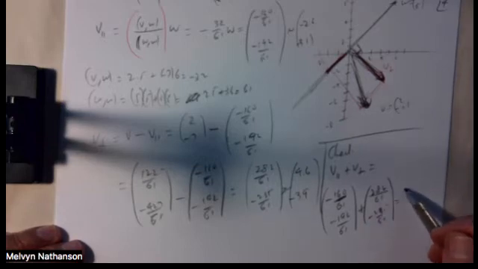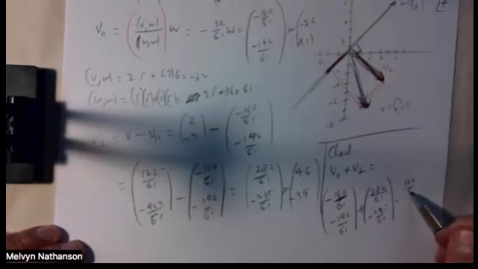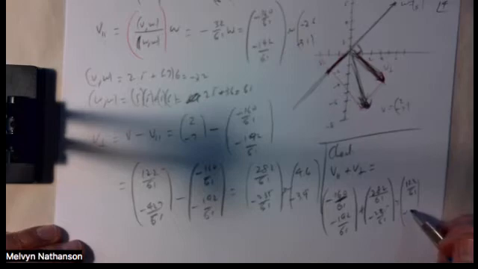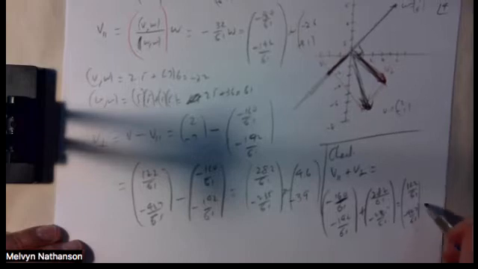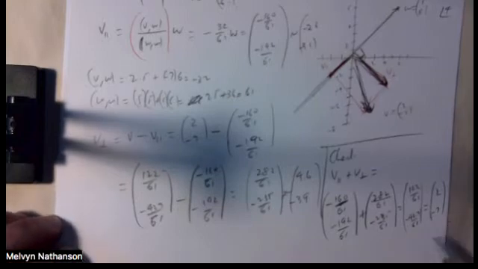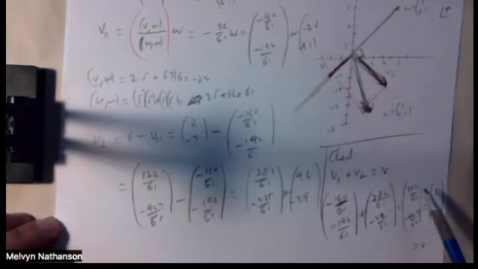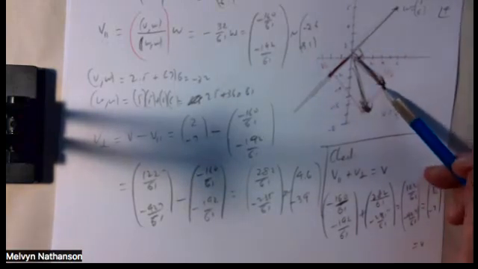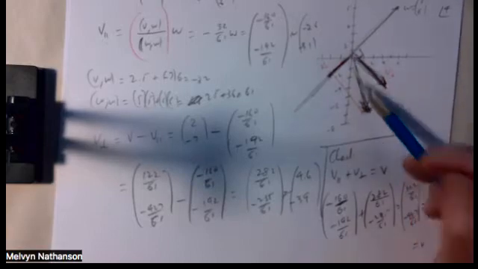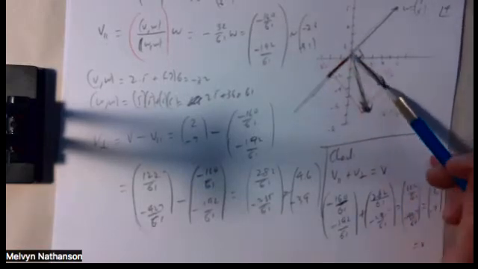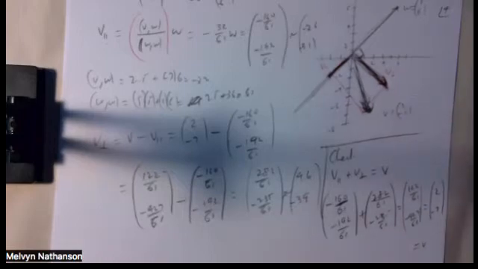When I add, I get 122 over 61 and minus 427 over 61, which is exactly 2, minus 7. So, which is V. So here's my vector W. I take a vector V. This is my V. I decompose it into a piece parallel to W and a piece perpendicular to W. That's the story.